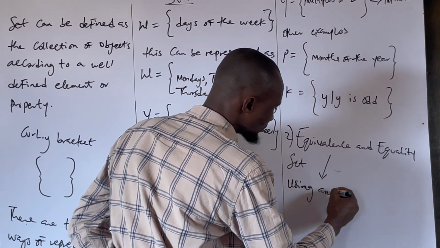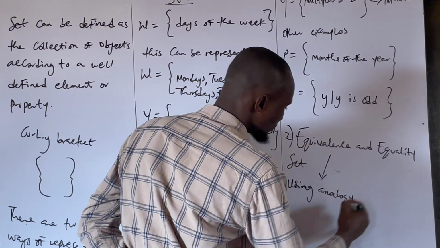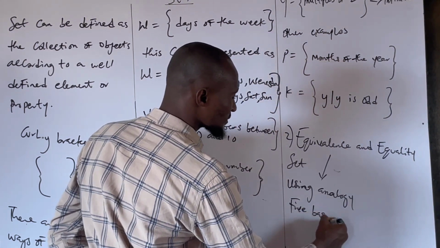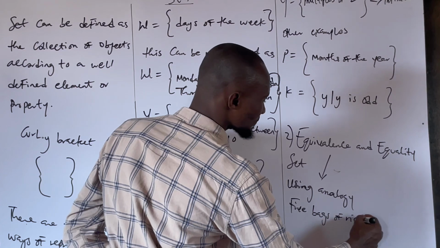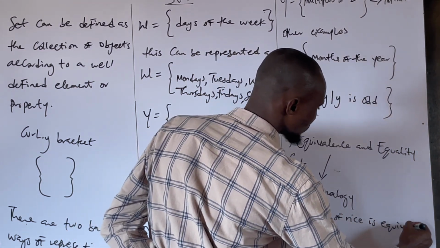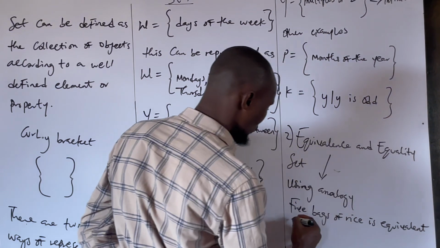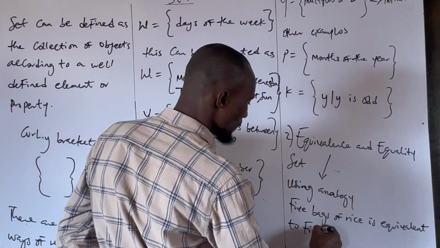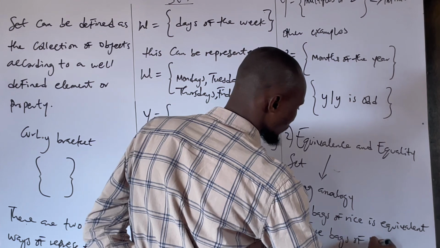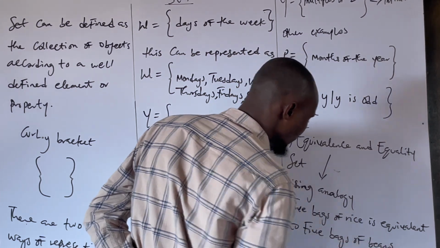Using analogy, 5 bags of rice is equivalent to 5 bags of beans.